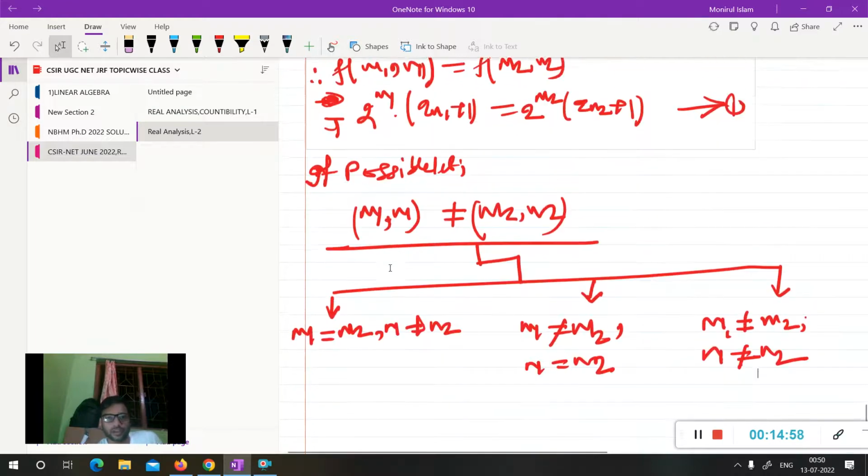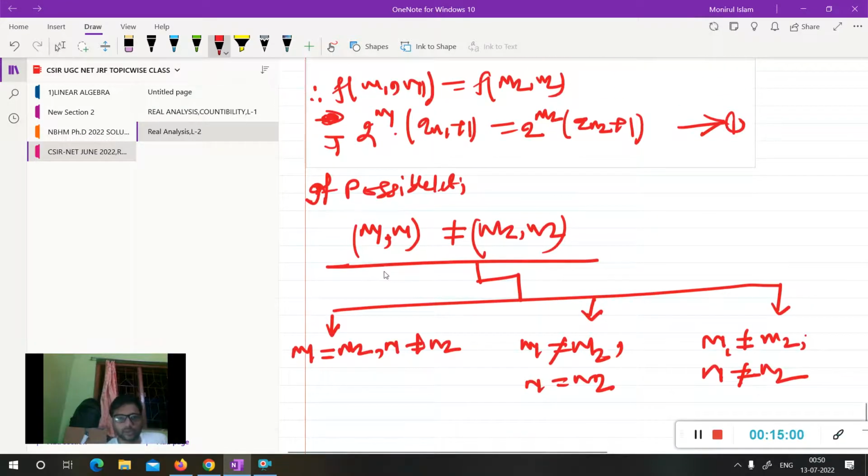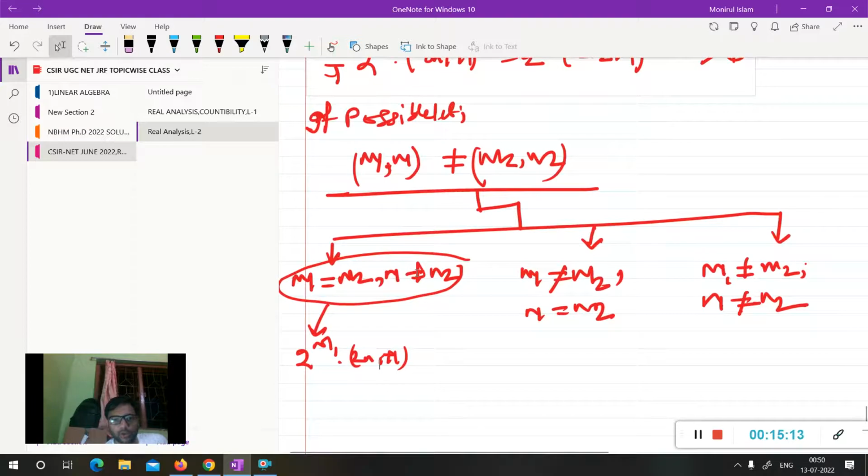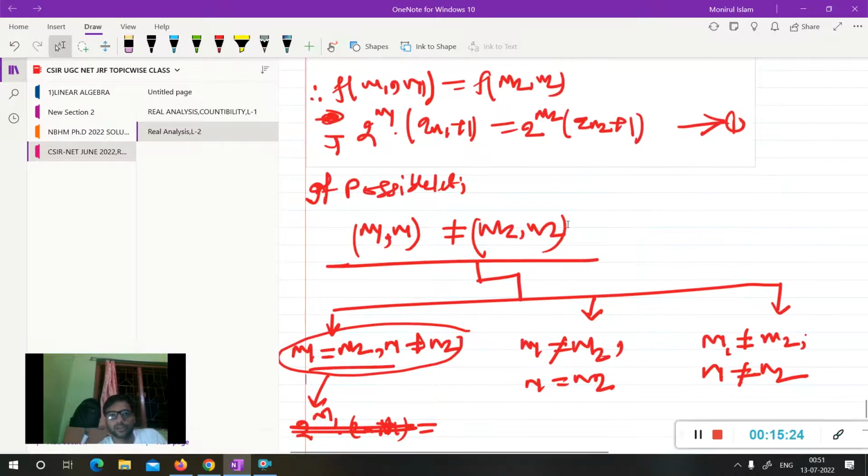If it is in the first case, m1 equal to m2, then from 1, putting m1 equal to m2, the powers of 2 cancel out.